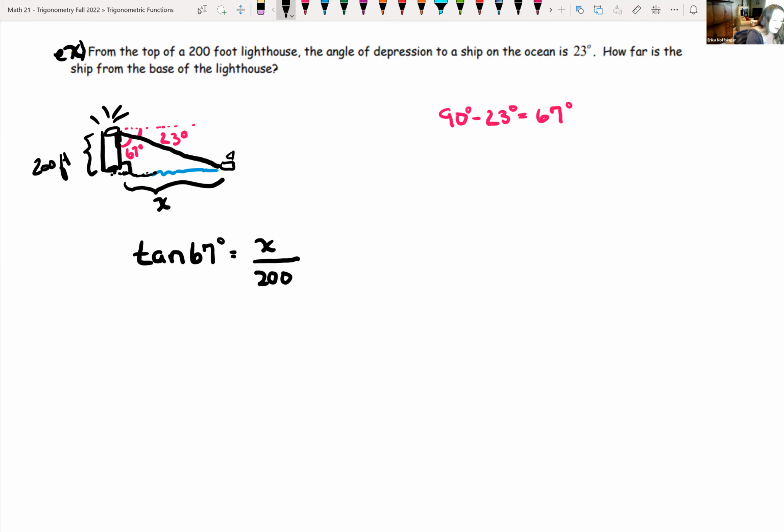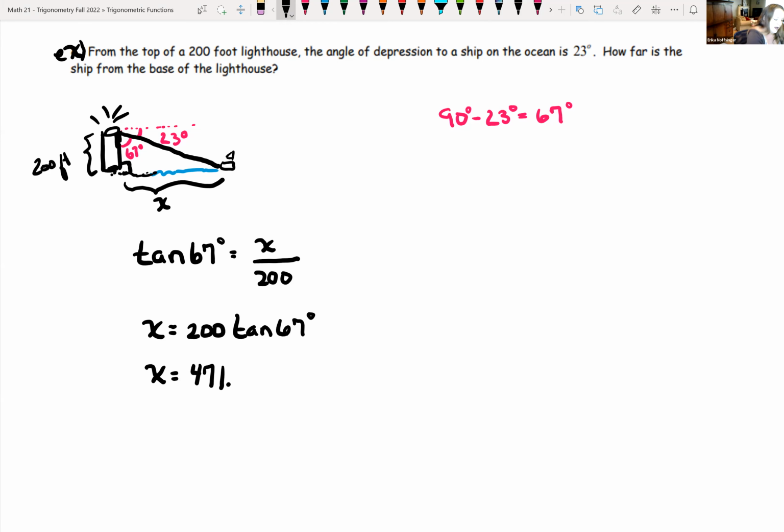So if we multiply both sides by 200, we get x is equal to 200 tangent of 67 degrees. So x here is equal to 200 tangent 67 degrees. Make sure you're in terms of degrees, and we get approximately 471.